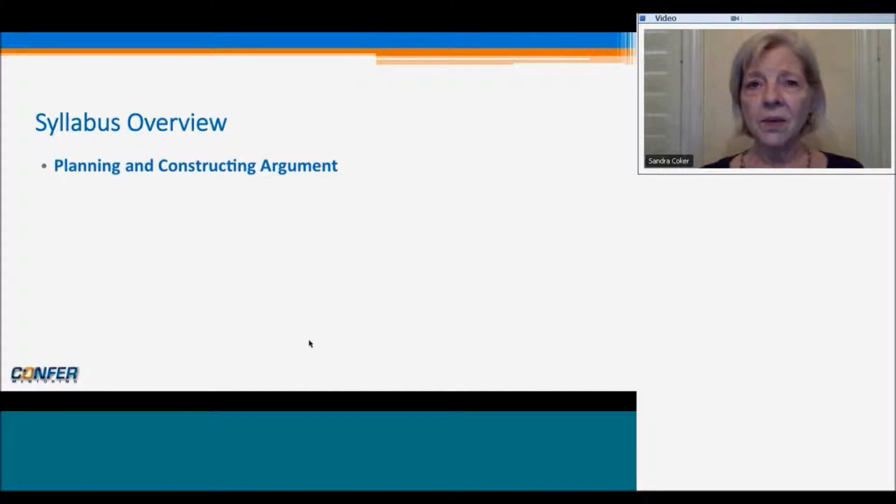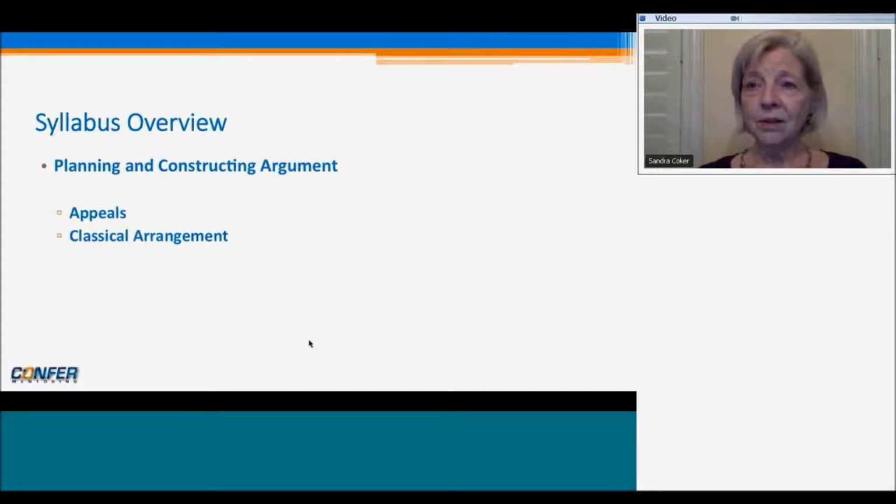Then we have several activities for planning an argument and for constructing the argument. But of course, where the analysis comes in, you have to read it and understand it first, and then create your own response to that argument. This is where the rhetorical appeals come in for students, both planning and constructing, and then again analyzing.